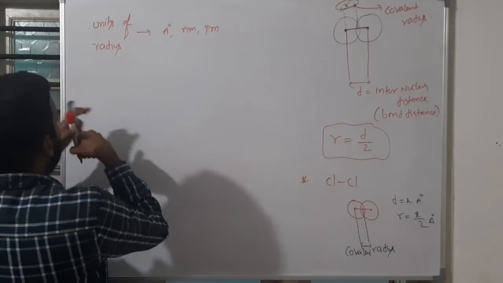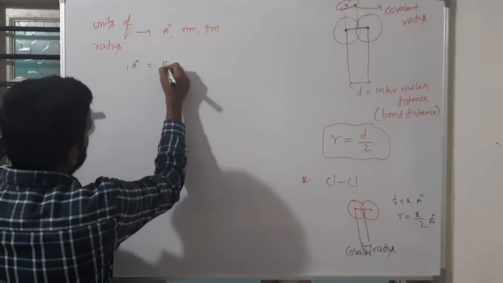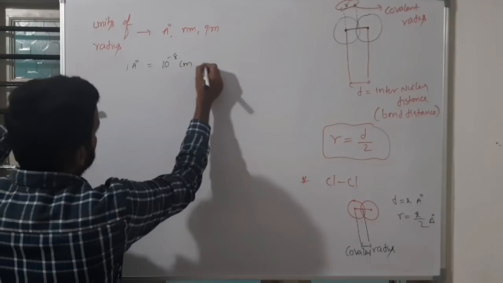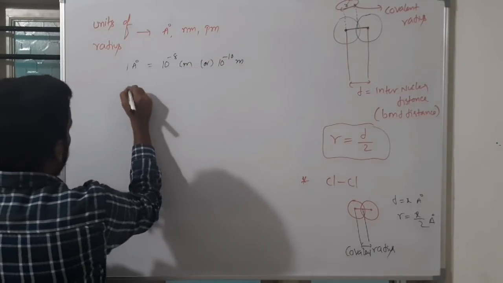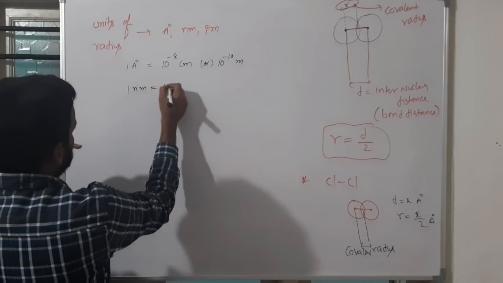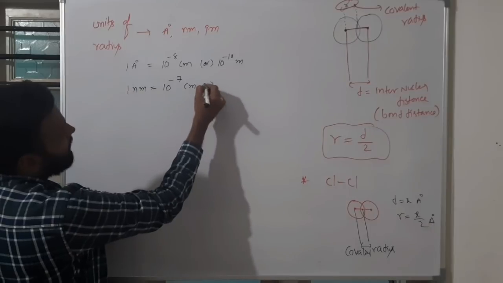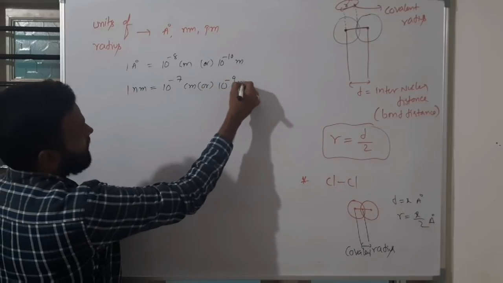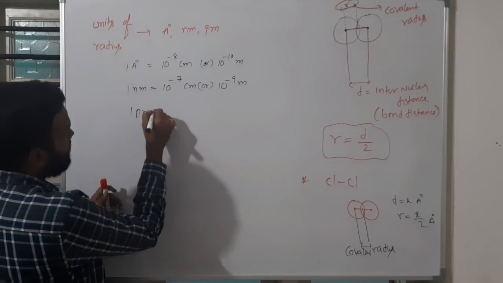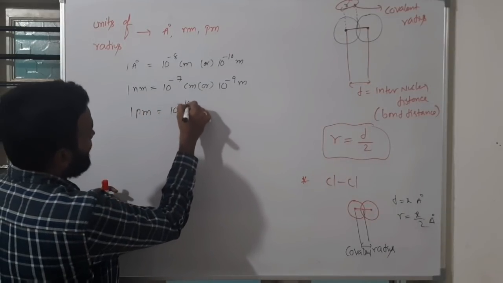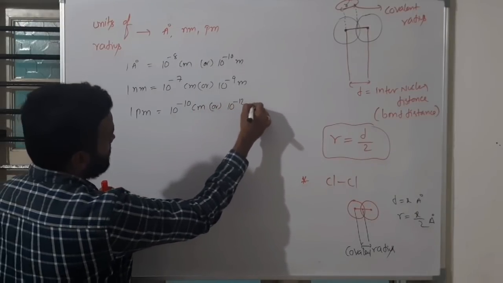Do you know how much 1 angstrom is? 1 angstrom is equal to 10 power minus 8 centimeter or 10 power minus 10 meters. 1 nanometer is equal to 10 power minus 7 centimeter or 10 power minus 9 meters. Do you know 1 picometer? 1 picometer is 10 power minus 10 centimeter or else 10 power minus 12 meters.